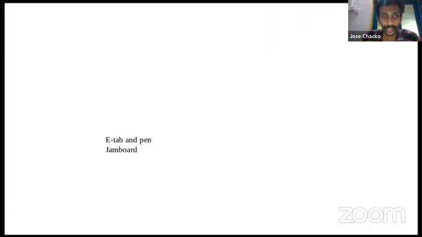If you are doing online classes, you can use Jamboards so that students will find it more engaging, especially after explaining a concept. You can do this as an online activity. Ask the students to do this activity using the Jamboard, so that you will get an idea whether students have really understood the concept or not, and they will also find it really engaging.